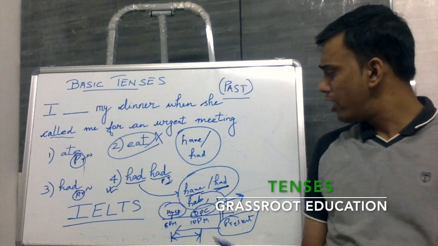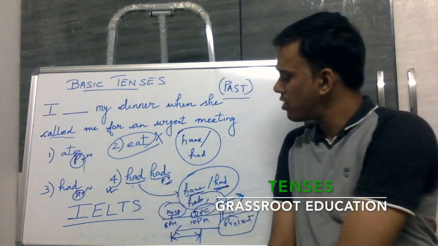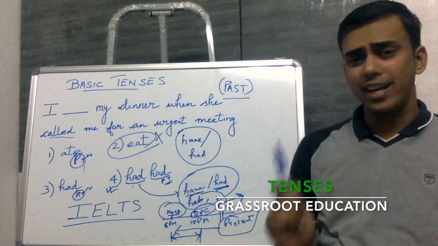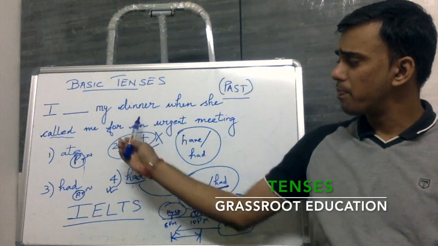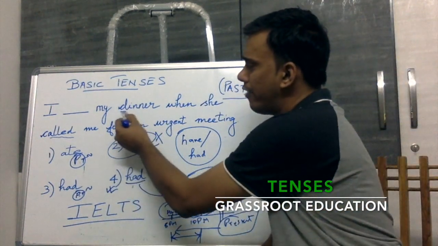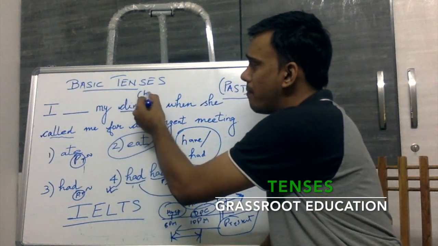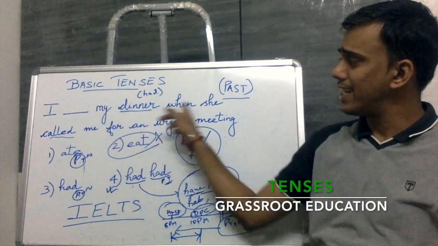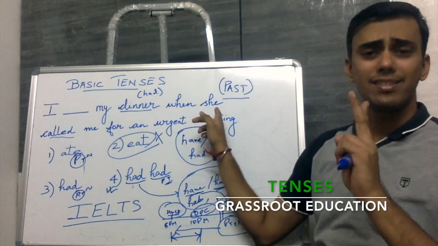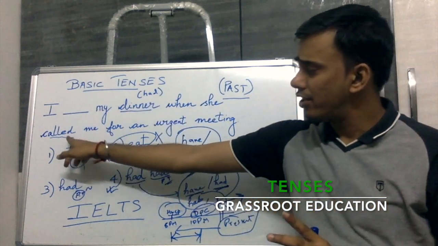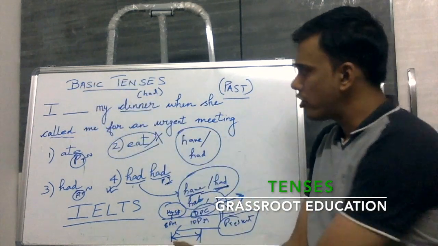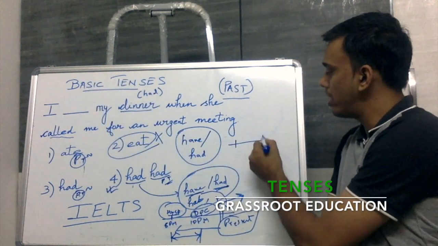Now that you've got an idea of how this particular had is used, which means you're talking about two events here, it's clear now that for dinner, you can definitely use the verb had. Look at this sentence. There are two events happening here: she called you and you've finished your dinner.